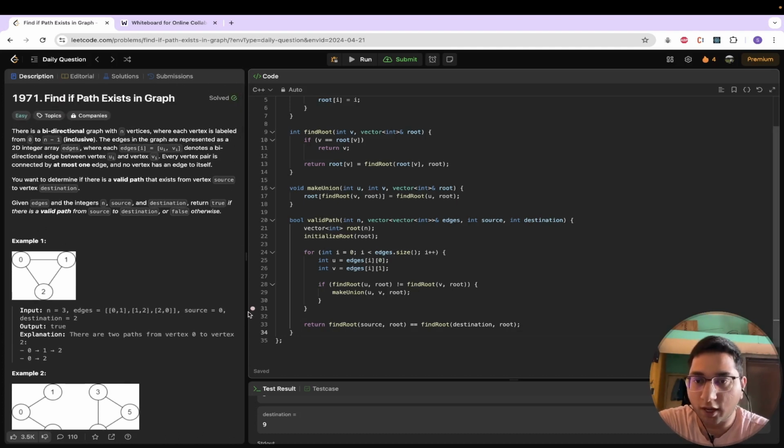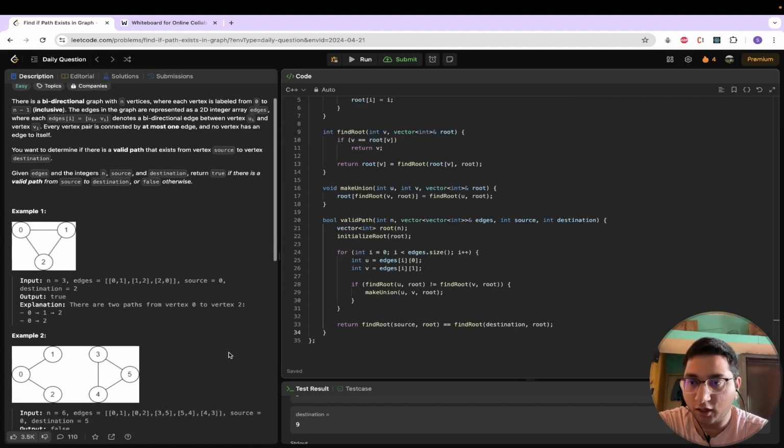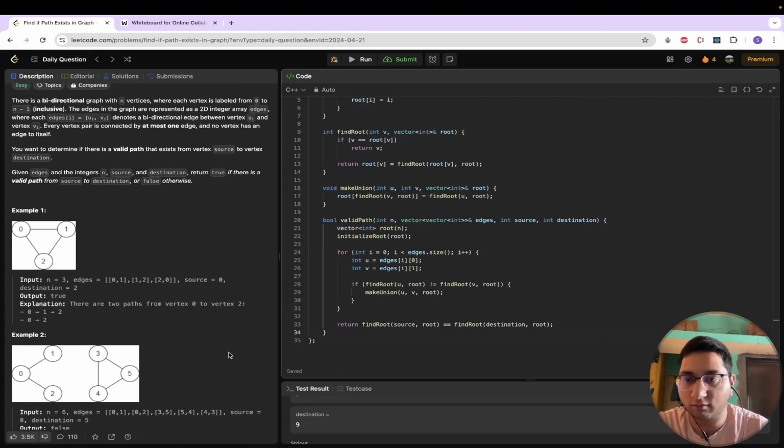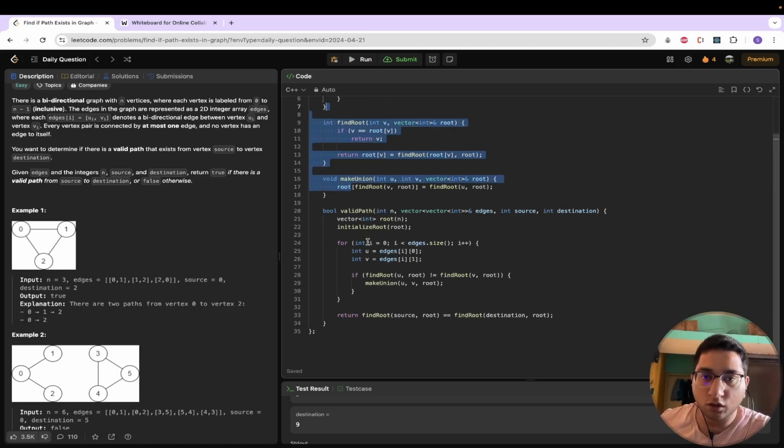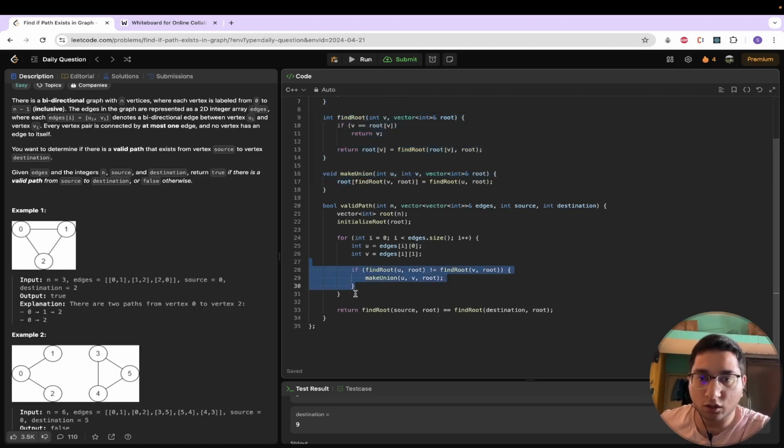One I can think of in the real world: let's say there is a city California in America and a city Surat in India. Whether they are connected or not, we can directly answer if we have saved all the routes using this algorithm, instead of traversing all the roads from California towards India.